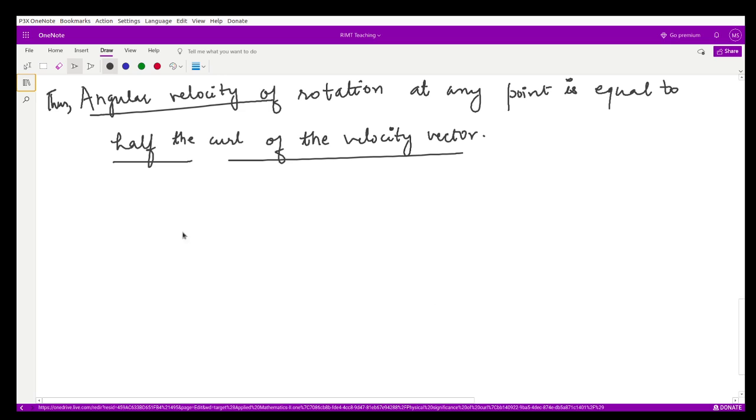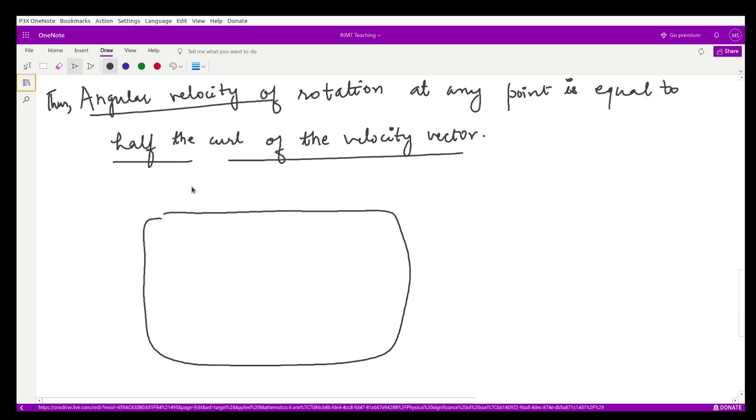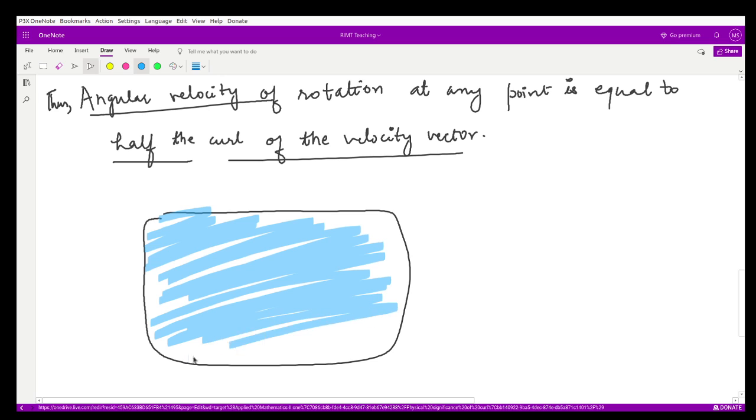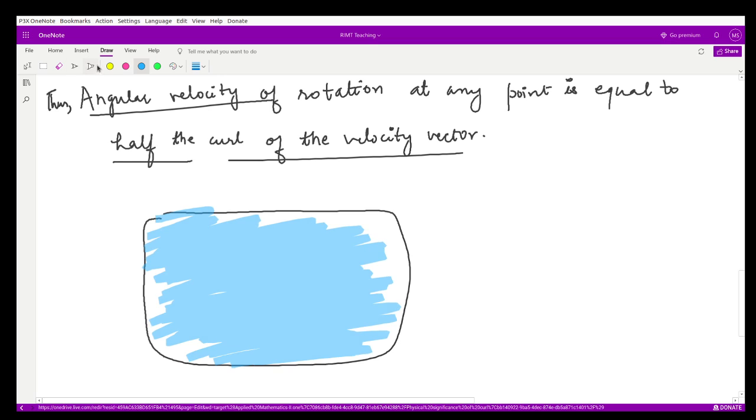For example, suppose this is some water body, and in this water body you are playing with a disc. You make this disc float over the water, and suppose it has a design of this kind.